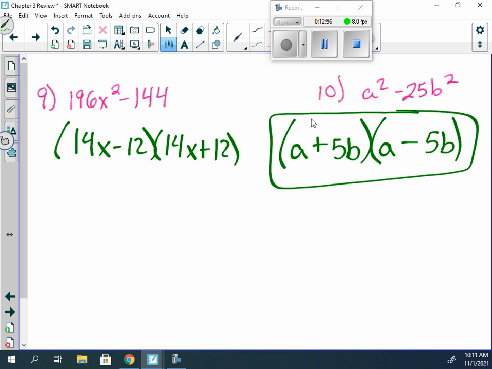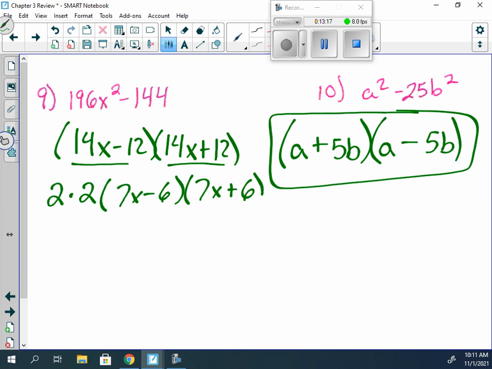Now what's interesting with this here, is there a greatest common factor between 14 and 12? 2. So I could factor it out of this here. Well, I can actually factor 2 out of both of these here, yes? Which would leave us with 7x minus 6 and 7x plus 6.